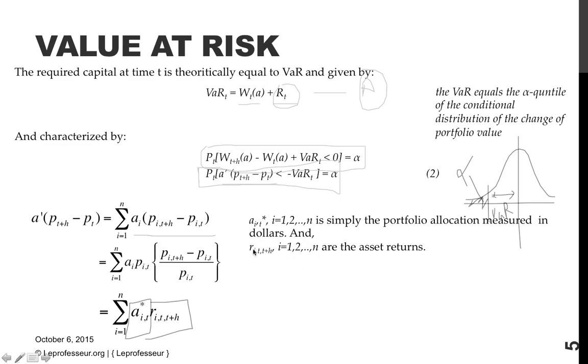And R is simply the asset return. What it means is that value at risk analysis can be done based on either asset return or price change, right? So if you know what the future price or tomorrow's price is going to be, you can calculate VaR, or if you know the return, you can calculate VaR.